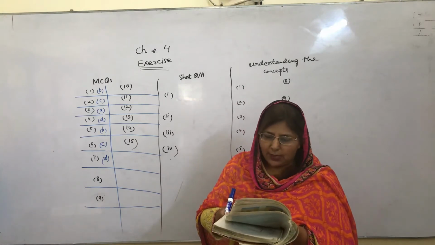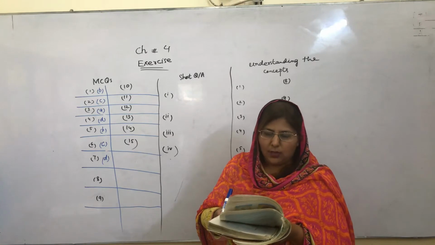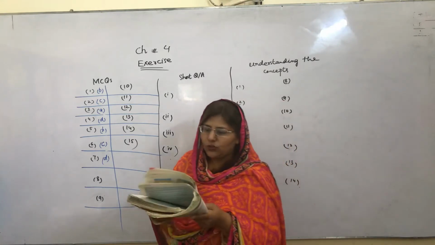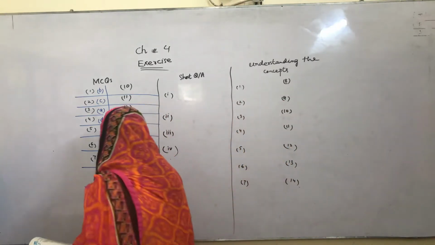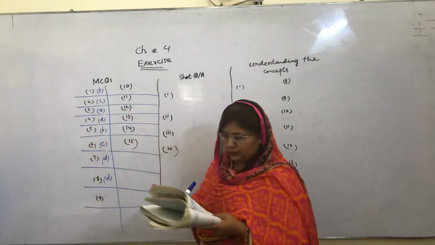The options are: mitochondrion, chloroplast, nucleolus and nucleus. So the correct answer for question number 8 is option D.